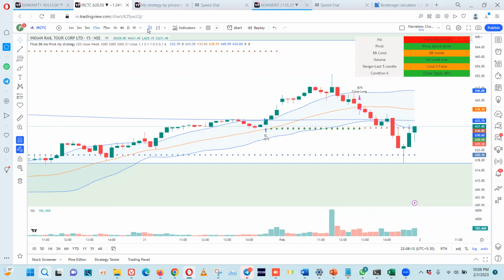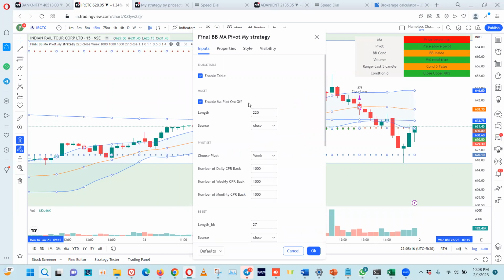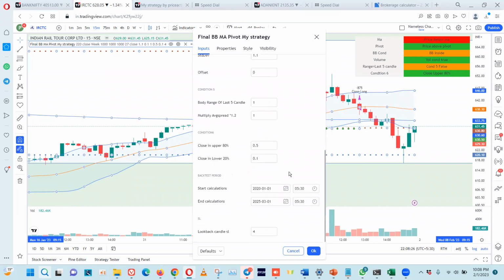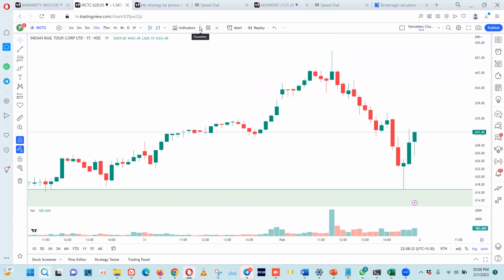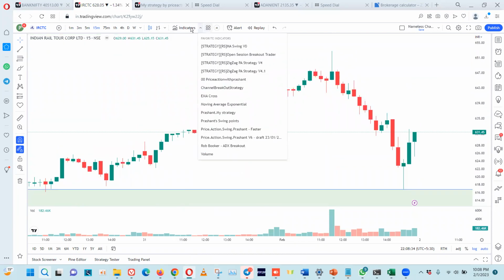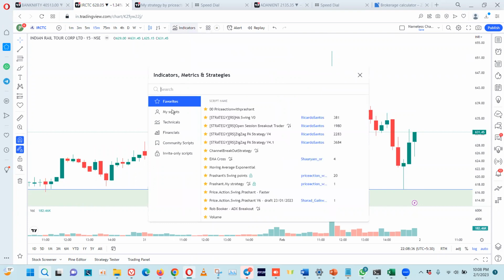Around 5 or 6. So there will be a lot of permutations and combinations. Yes, definitely. So we have to go one by one, like I have shown you. First change the length, then change pivot, then change length of BB, change these things. So that will give you different results. It doesn't take too much time. I'll show you.